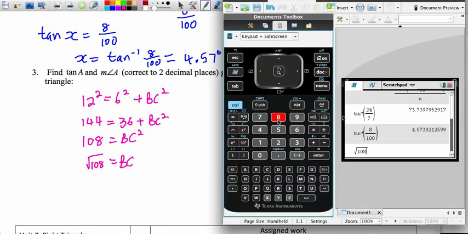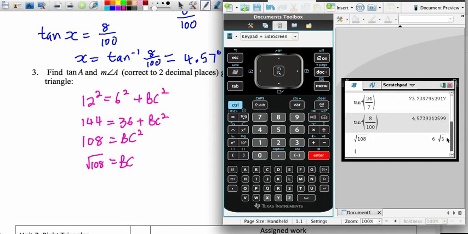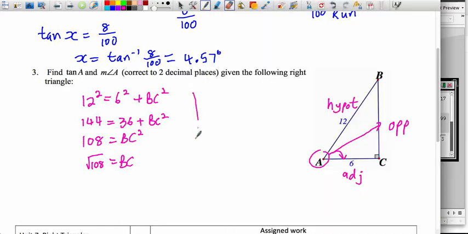The square root of 108 in simplified form would be 6 root 3. I'll write that as 6 root 3, although using square root 108 is absolutely fine as well. 6 root 3 is the simplified radical form. Square root 108 is the exact value.